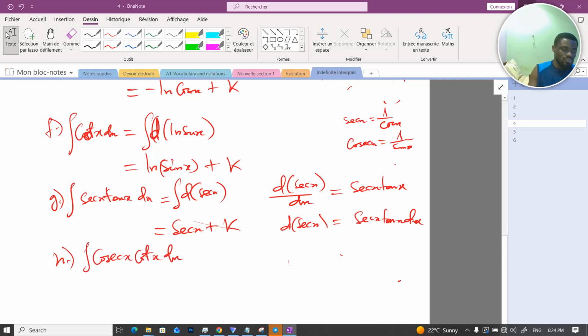Firstly, if you did well your integration, I'm sure you can recall that the derivative with respect to x of cosec x is simply equal to minus cosec x cot x.